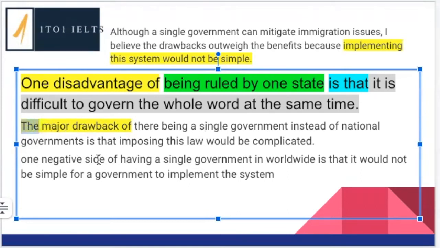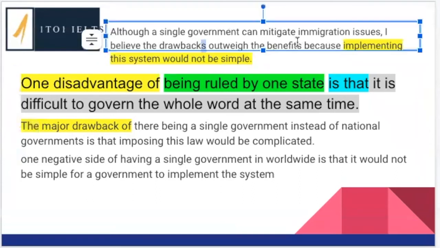This word the indicates how many drawbacks. It is indicating at the moment, yeah, Marisol's correct, just one. So if you say the major drawback, but remember the question says, do the advantages outweigh the disadvantages? And we're trying to say that the drawbacks outweigh the benefits. So what would be better than saying the major drawback?